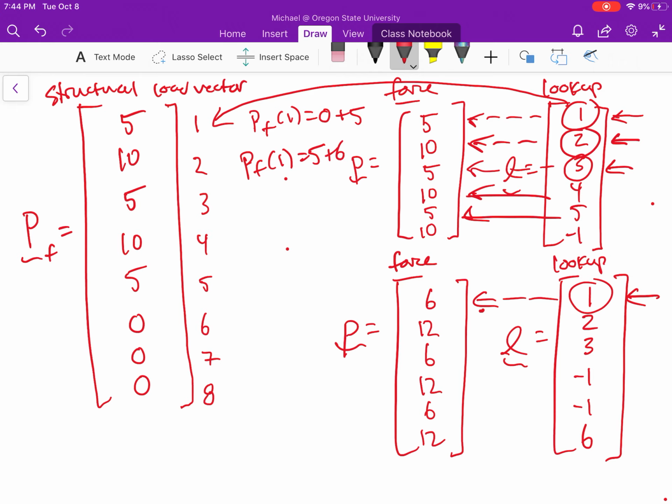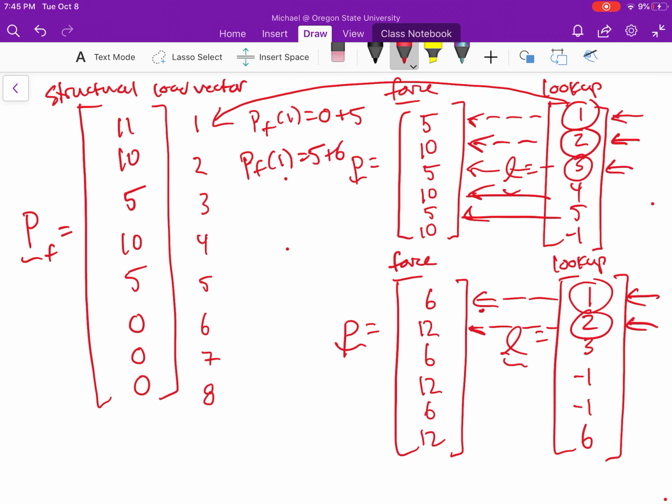What's 5 plus 6? It's 11. So this goes from 5 to 11. Second entry, lookup value 2, and we get a value of 12. We add 12 to the second entry of P sub f, so it goes from 10 to 22.